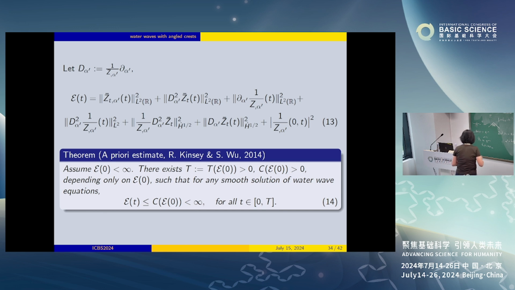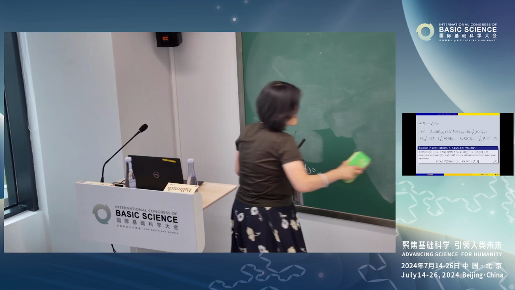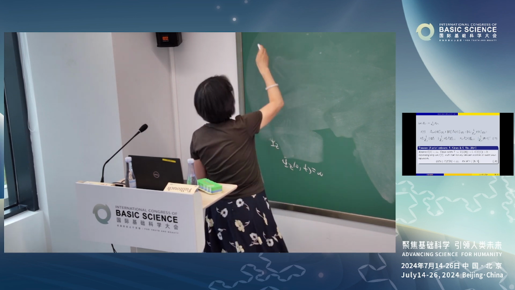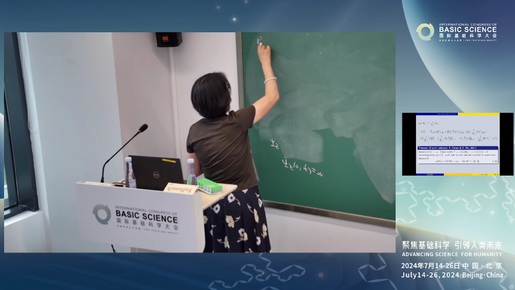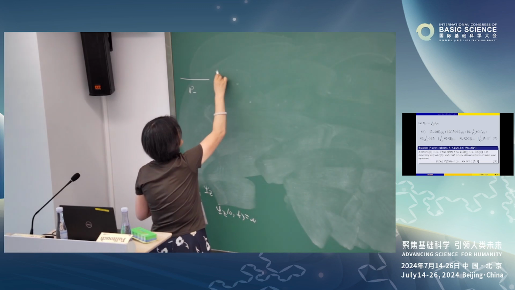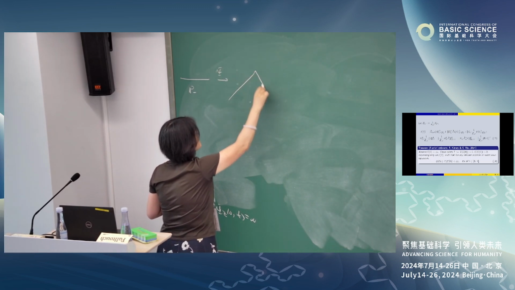Is there an eraser somewhere? Oh, okay. So it's really just because of the energy class we have constructed. And you can see why. So remember, this is P2, this is the angle, right?